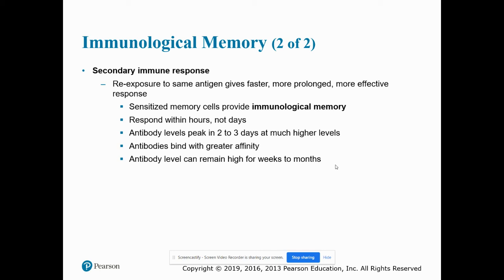So instead of responding within days, at 3 to 6 days, they will respond within hours. And antibody levels are going to peak in 2 to 3 days instead of the 10 days. And on top of that, they peak at much higher levels. Antibodies will bind with greater affinity, and the antibody level can remain high for weeks to months.